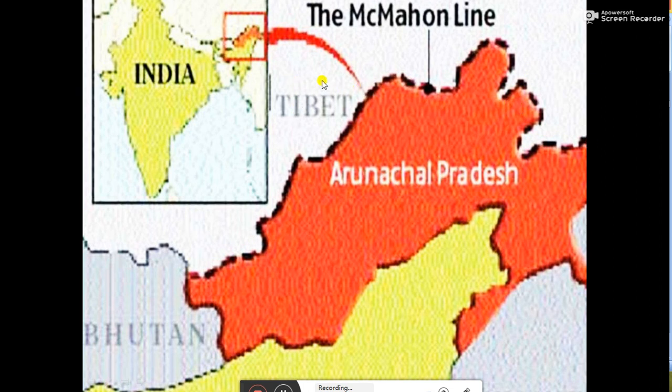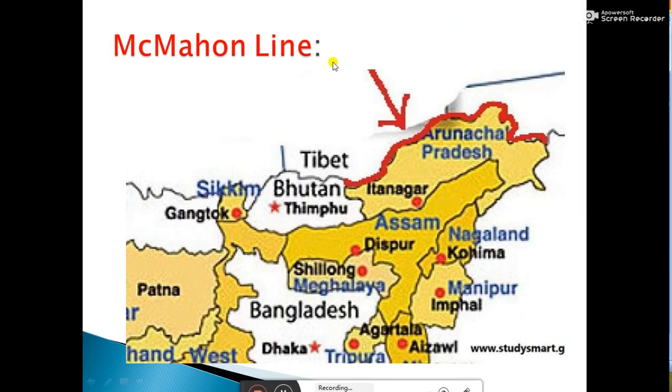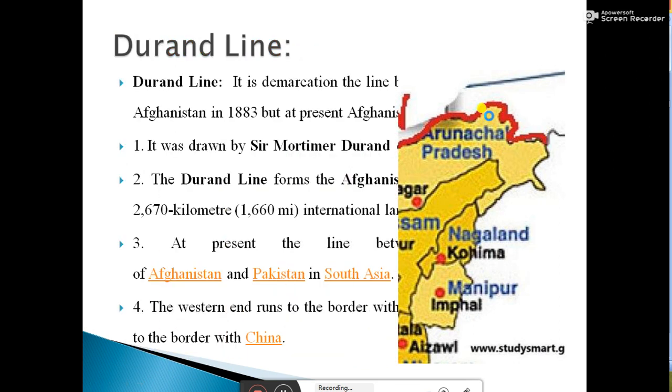This is Tibet, this is Arunachal Pradesh. Here is another map used to show this red line representing the McMahon line.